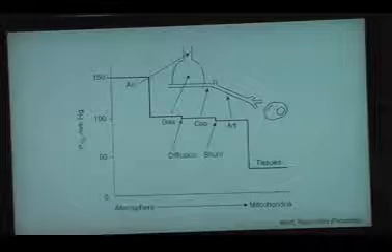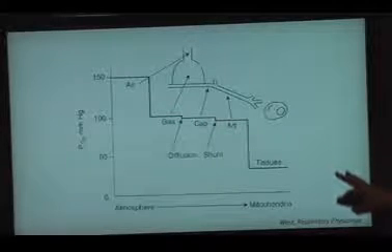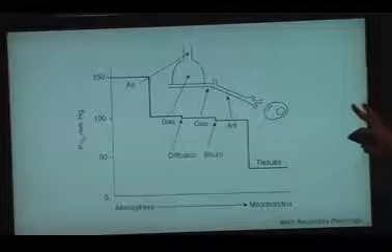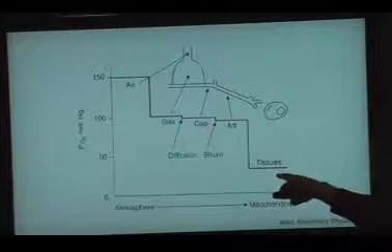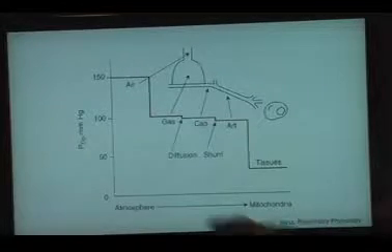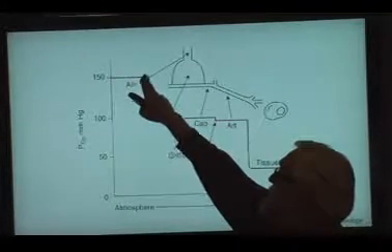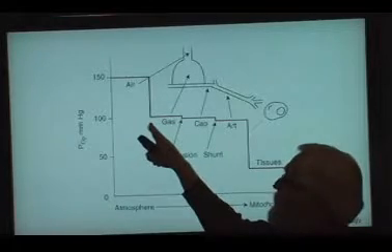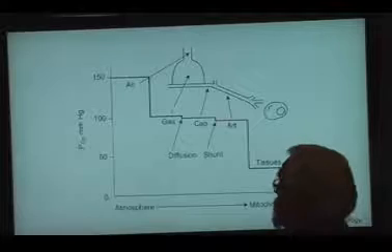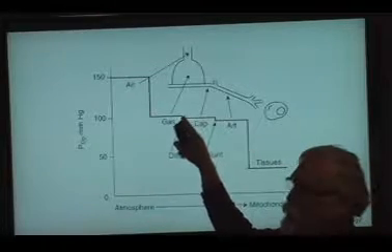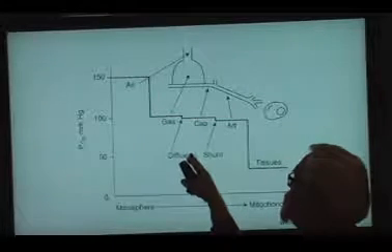So this is, again, a different way of illustrating PO2 changes from the air, the gas that is inspired, to the PO2 that the tissues see. So again, the inspired PO2 breathing room air at sea level is about 150, drops down to about 100 as a result of the alveolar gas equation, may drop a couple of millimeters of mercury, actually within measurement error of PO2, due to diffusion.